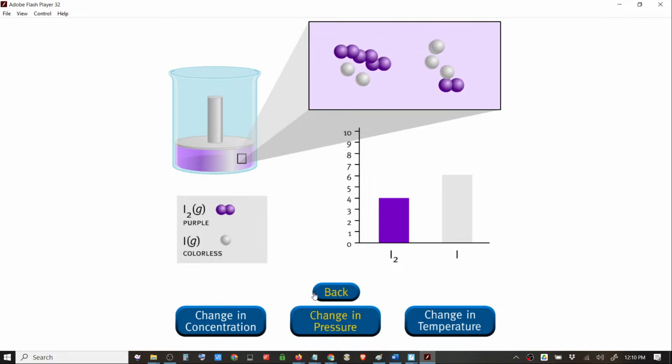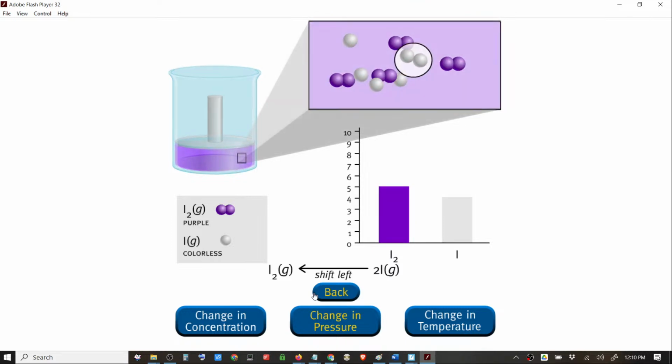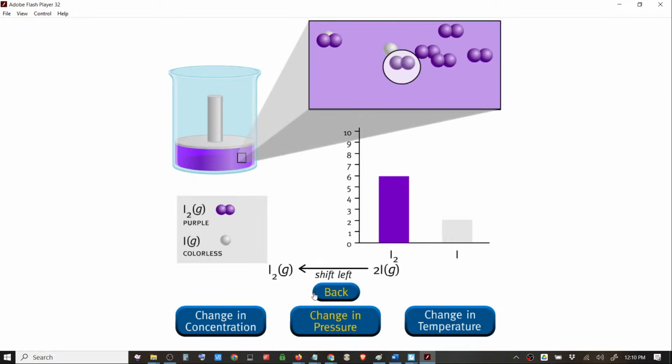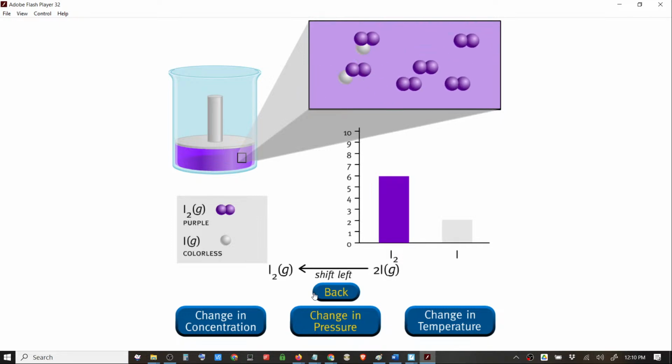Because of the 2-to-1 mole ratio in the balanced equation, the moles of gas can be decreased if the system shifts to the left, producing iodine molecules and decreasing the number of iodine atoms, as you can see in the microscopic view. As more iodine molecules, which have a purple color, are produced, the color of the equilibrium mixture darkens. This can be seen in the macroscopic view. Note that the total number of gas particles has decreased.